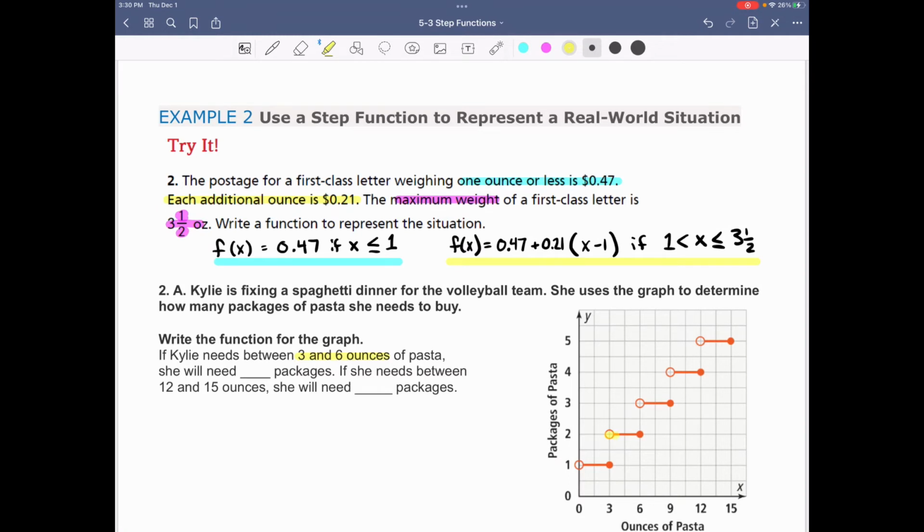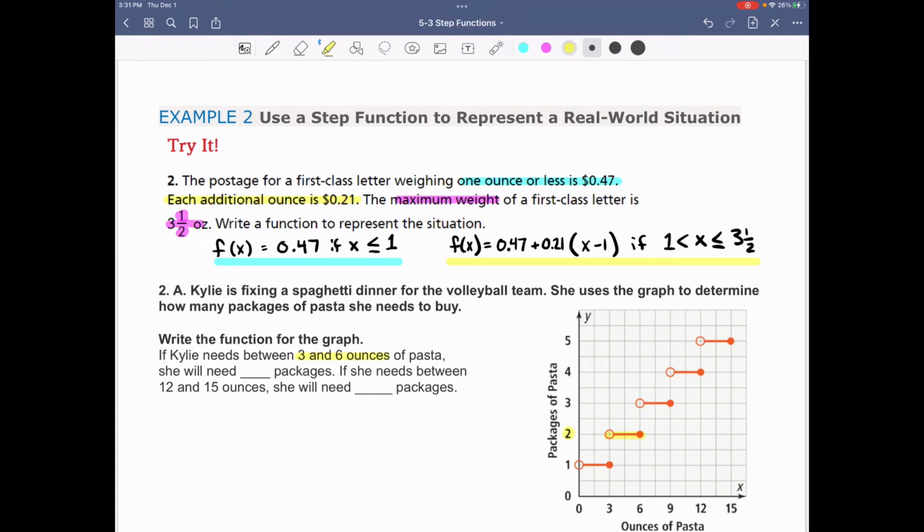So let's look here. This is a step function, and it looks like a ceiling because we're going to end on the larger number. So between 3 and 6, then she would need how many packages? And the packages are on the y. So she needs 2 packages.